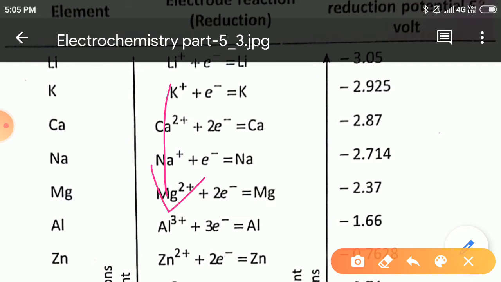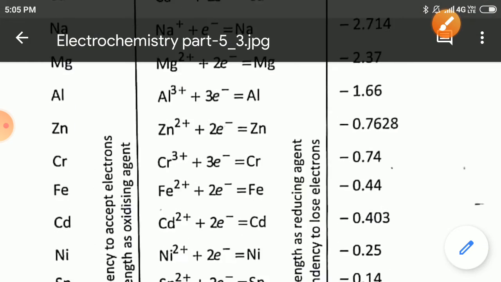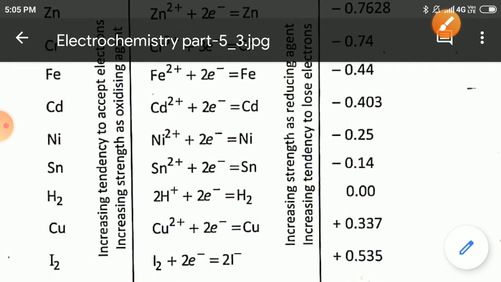We know that the chemical species which gains electrons itself gets reduced but oxidizes someone else. In this way, from top to bottom, oxidizing character increases. Oxidizing character means the element which itself gets reduced works as an oxidizing species.